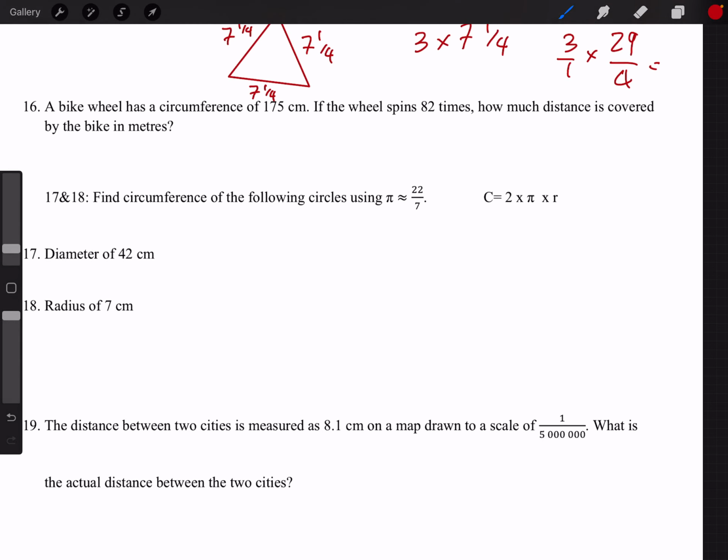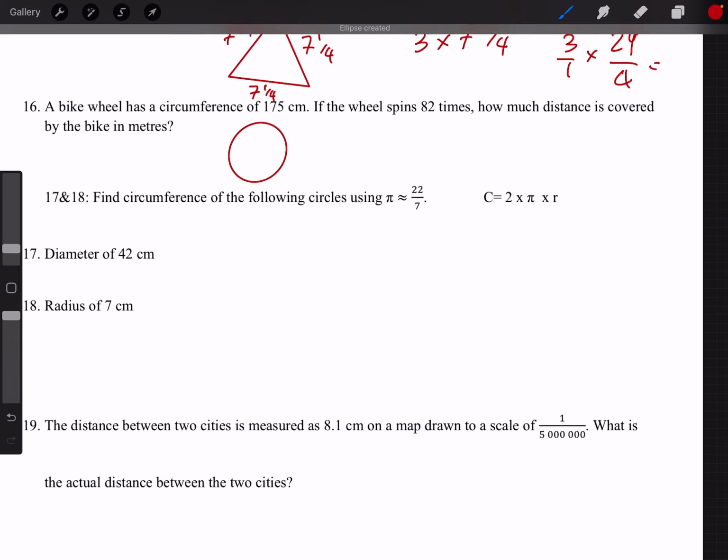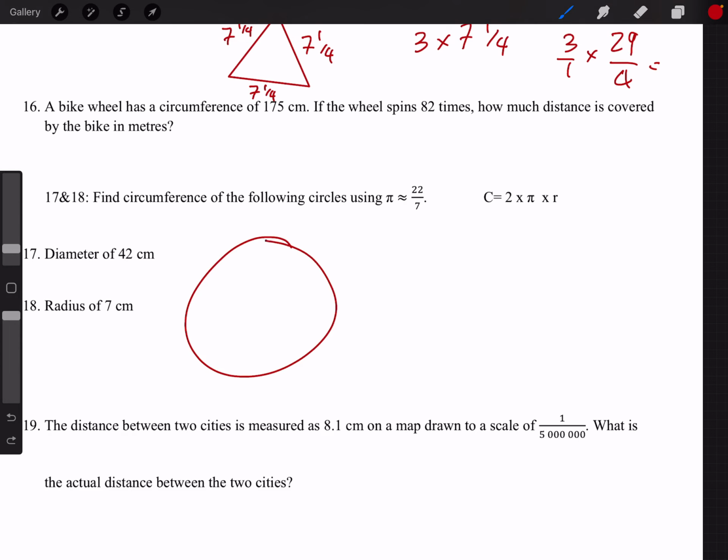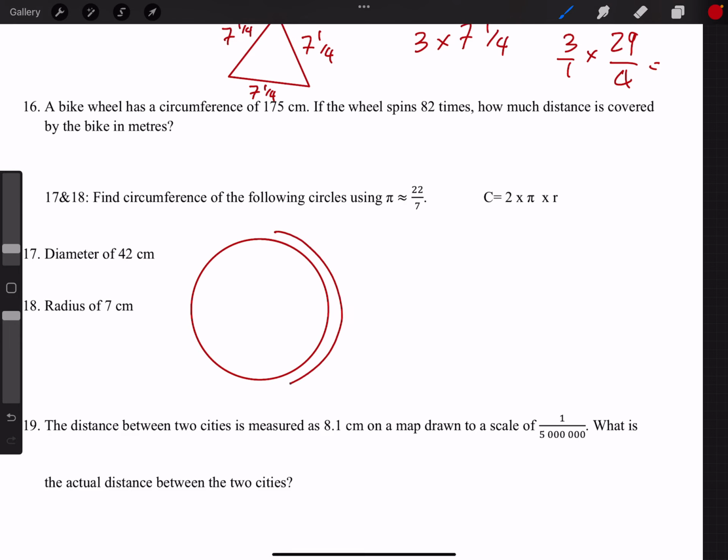A bike wheel has a circumference of 175 centimeters. So here's a wheel. Circumference means the distance around the outside of the wheel, or you can think of it as the perimeter of the wheel. So 175 is the perimeter. If the wheel spins 82 times, how much distance is covered by the bike in meters?